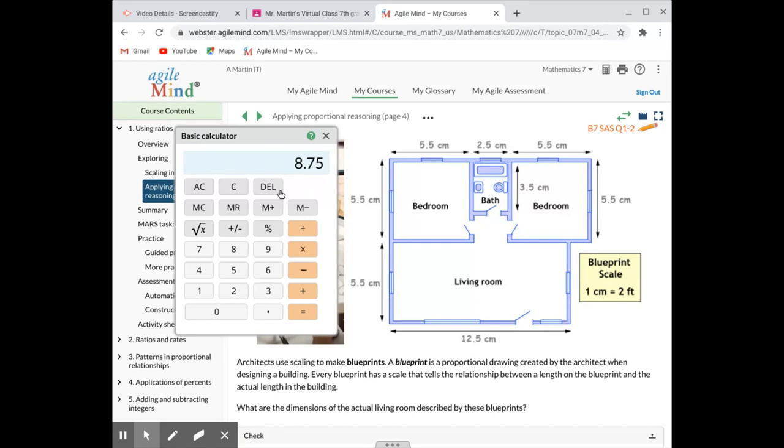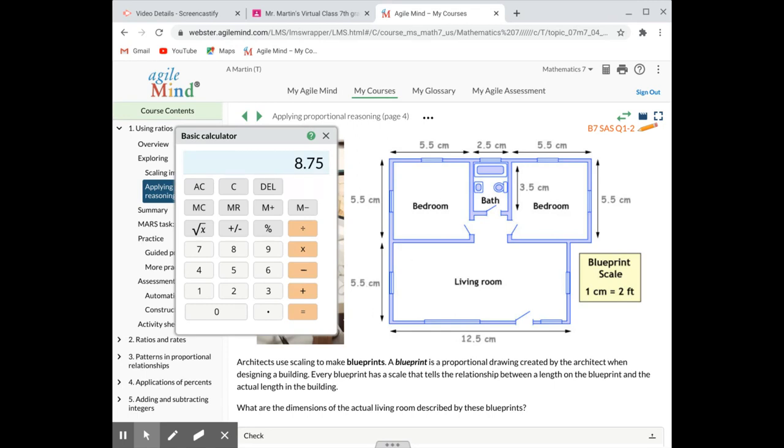No. But what this is, is our centimeters squared. But we have to convert our centimeters to feet, okay? So a lot of people would think, well, I can just multiply it by 2, but that's not the case because this is the scale factor to turn this into feet.